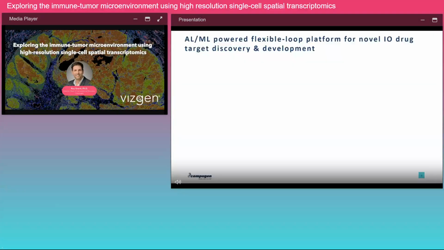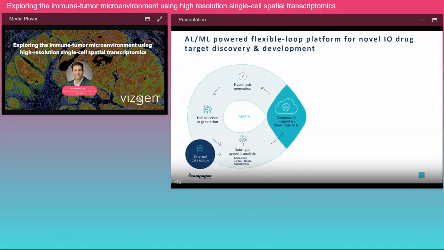The way our discovery engine works is a sustainable, flexible loop platform for the discovery of novel IO targets and target development. At the basis of this platform, we have the Compugen proprietary knowledge base, in which we gather data from different types of omics over the years and have generated a really unique database.